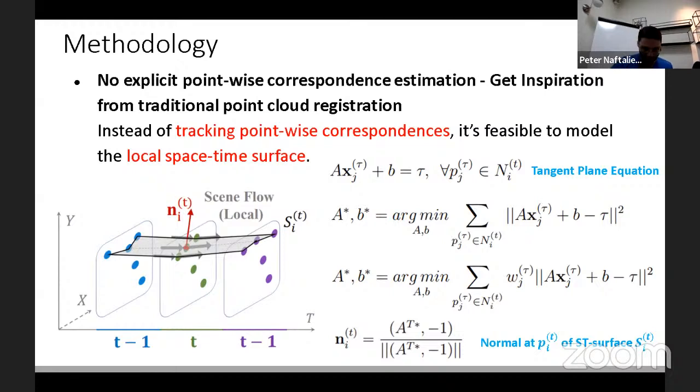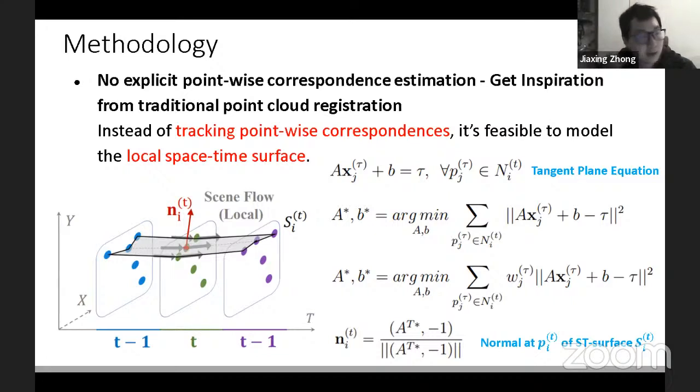Okay. Now another question, how do we pick the points that define the surface? That is an interesting question. Conceptually, it is the so-called space-time neighbors.